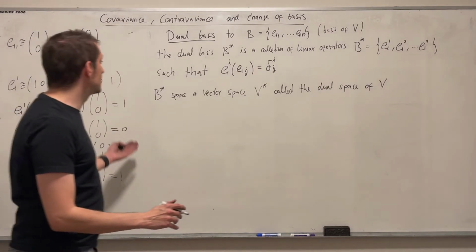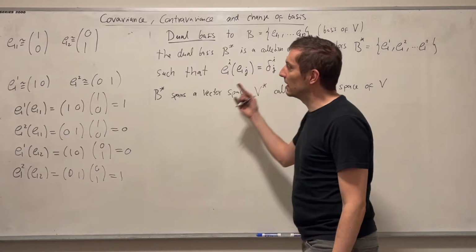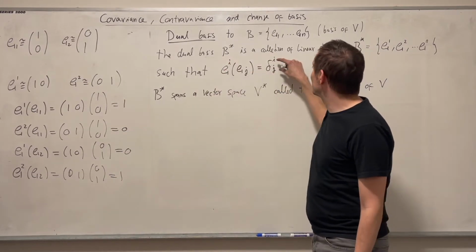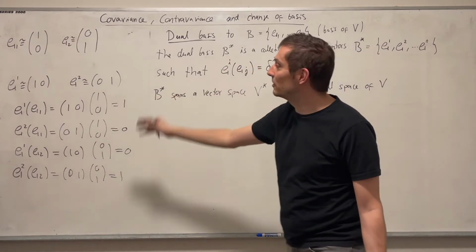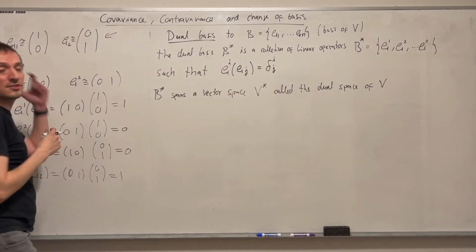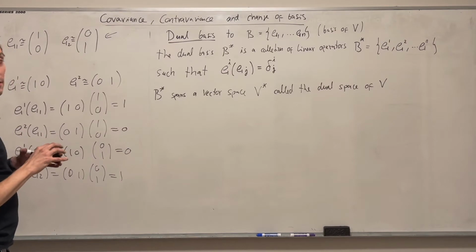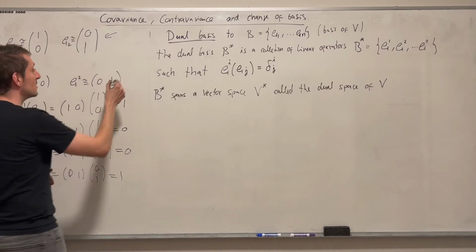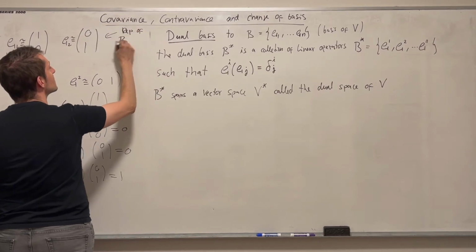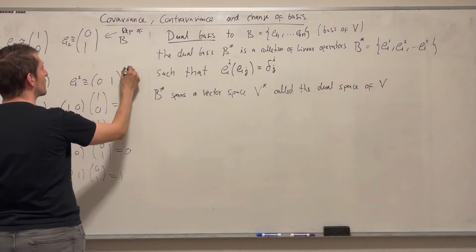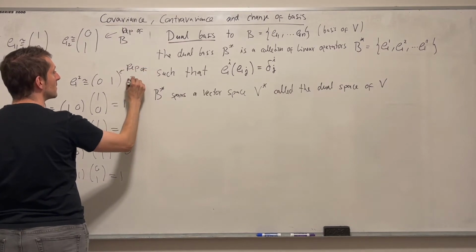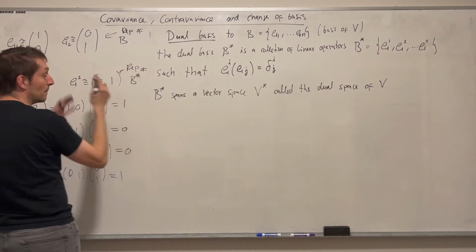And you see, this is exactly the Kronecker delta. When the two indices are the same, I get a 1. When the two indices are different, I get a 0. So if this is a representation of the basis of V, this is a representation of the basis of V star, or B star.